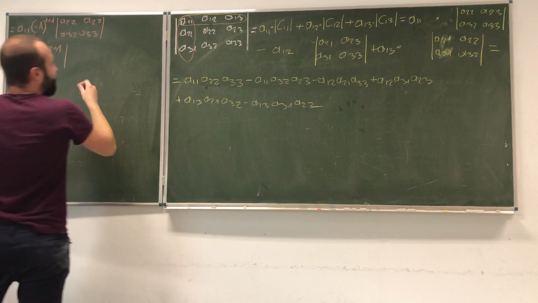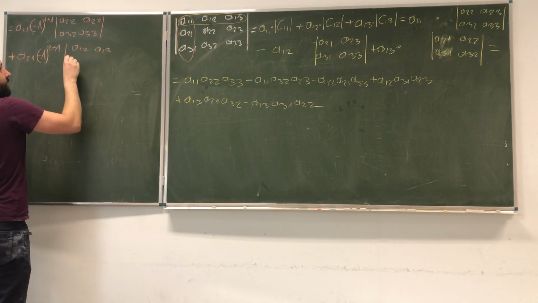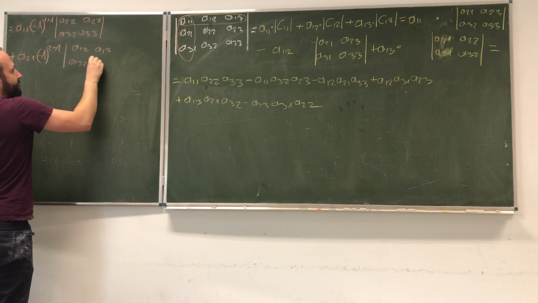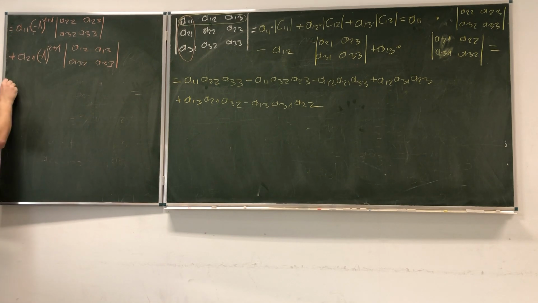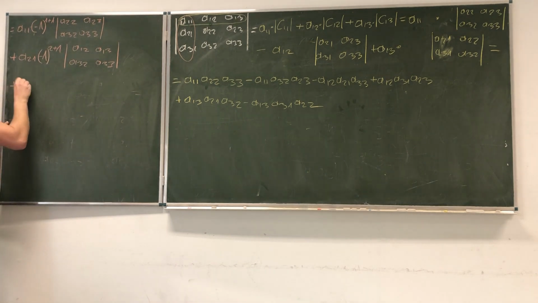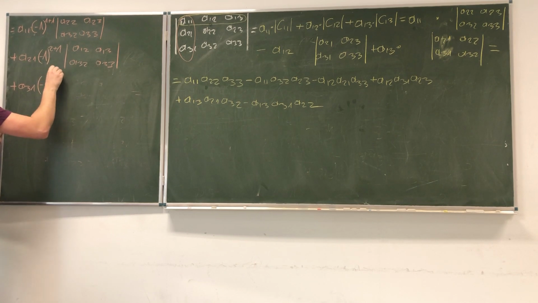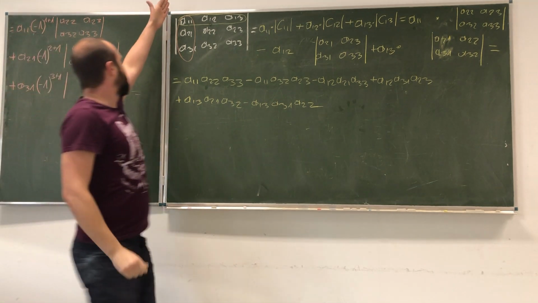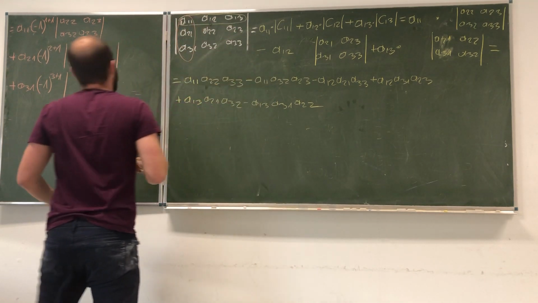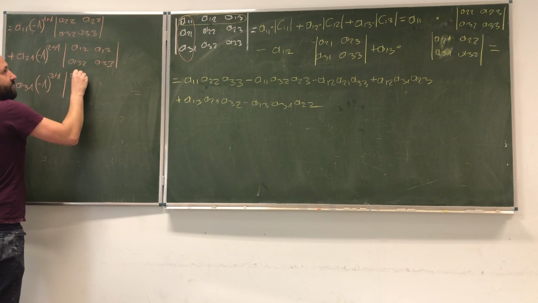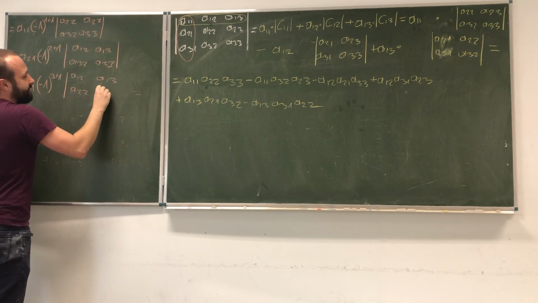And what I get left is what I should put in as my minor. Then, finally, I need to add the last element, so A31 times negative 1 to the power 3 plus 1. And now if I delete third row, first column, this is what I have left: A12, A13, A22, A23.